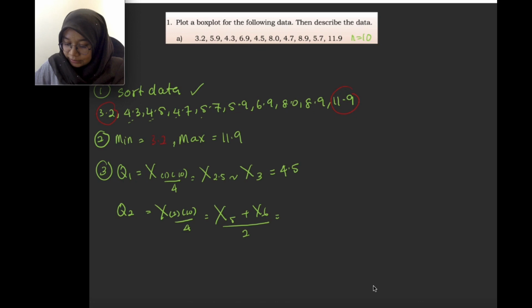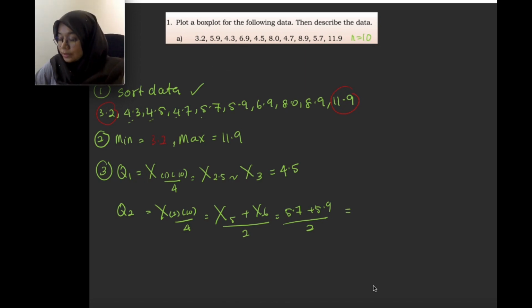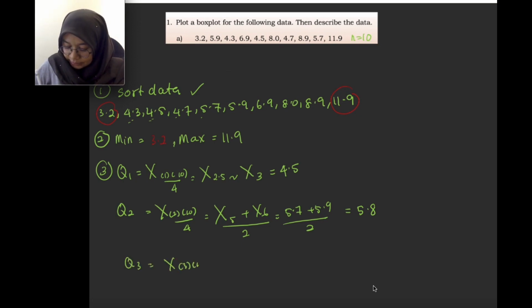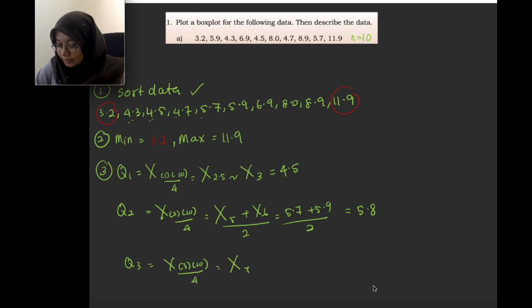So you will get 5.7 plus 5.9 divided by 2. So Q2 is equal to 5.8. And then Q3 is X at 3 times 10 divided by 4, so you will get X7.5. It's not a whole number, so X8, data number 8. 1, 2, 3, 4, 5, 6, 7, 8. So 8.